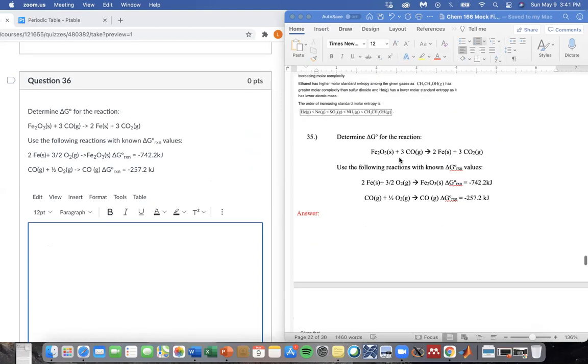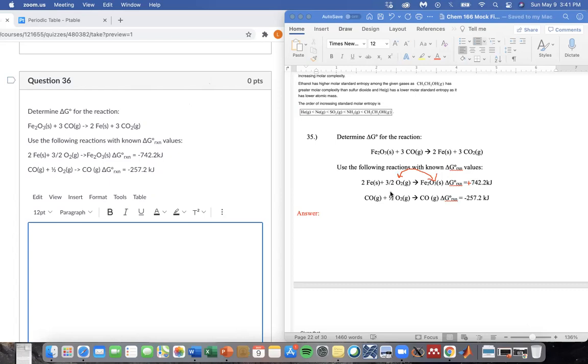Then we have to determine delta G for the reaction. We're given 2 different reactions here. We need to flip this reaction around because Fe2O3 is on the other side in our target equation, so we're going to flip this around and make this positive.